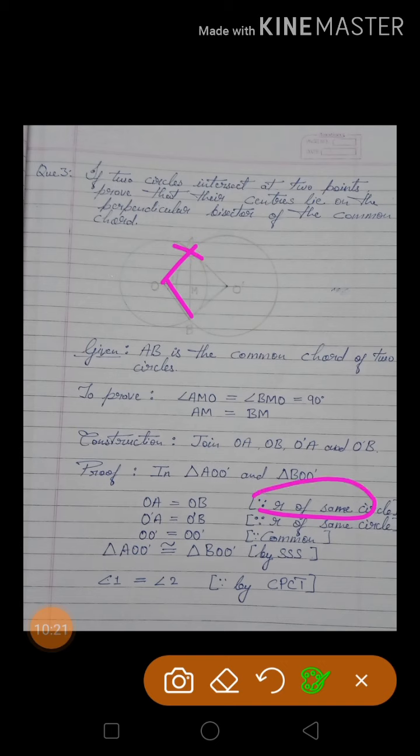In the same way, O dash A and O dash B are also equal, as these are also the radii of the second circle. So these are also equal.